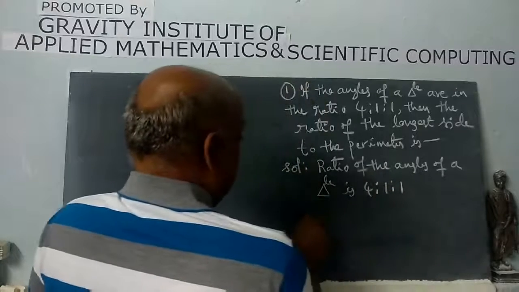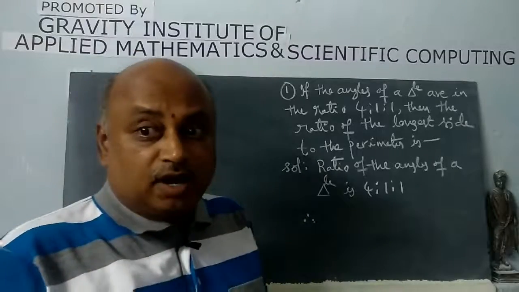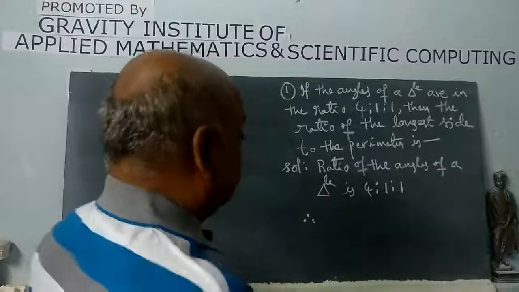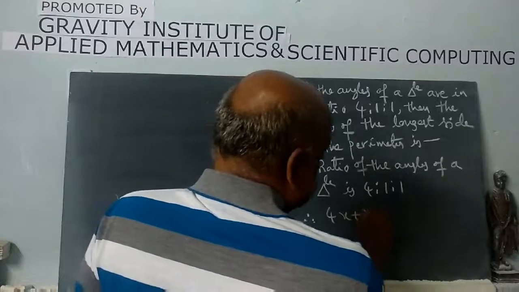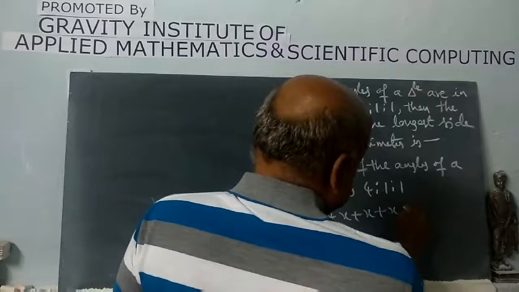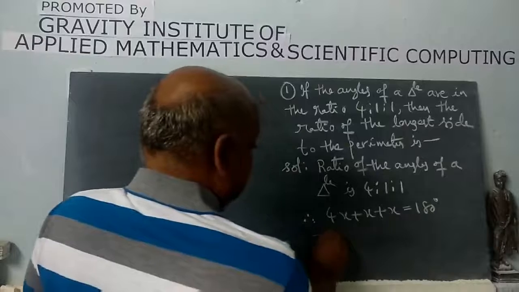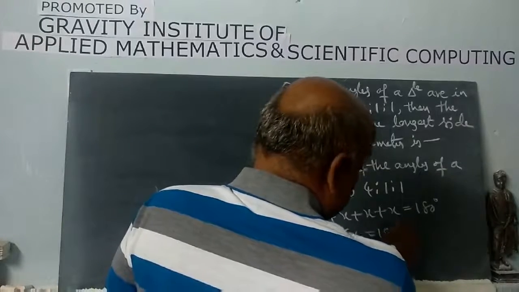4:1:1. Therefore, sum of the angles in a triangle is 180 degrees. So 4x plus x plus x is equal to 180 degrees. This implies 6x is equal to 180 degrees.